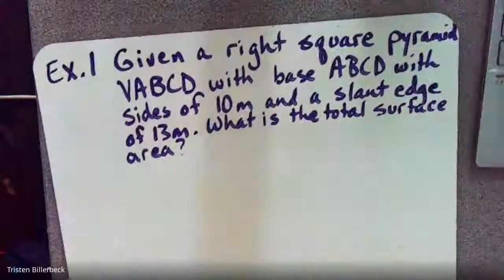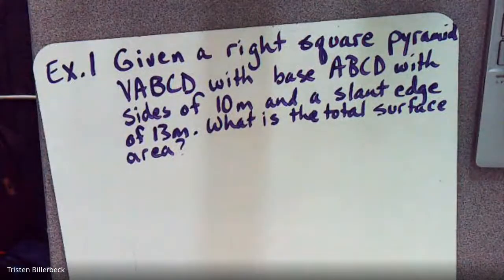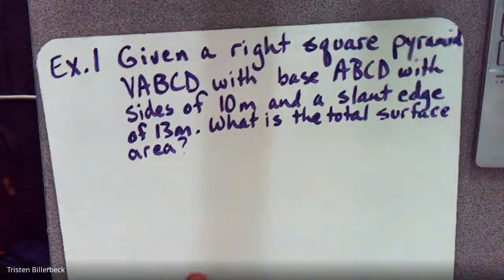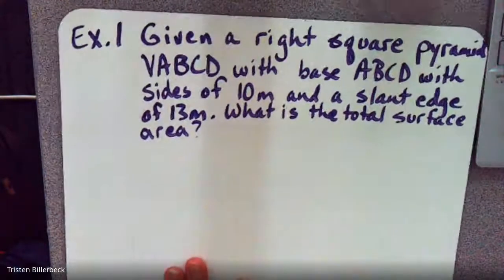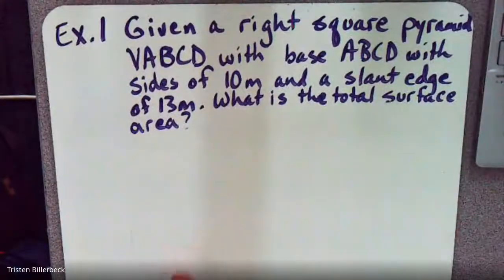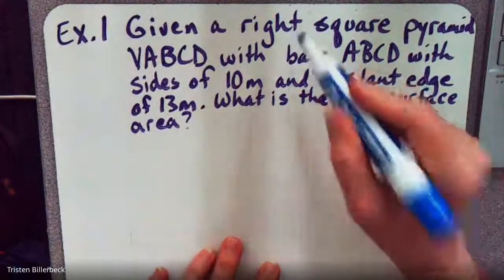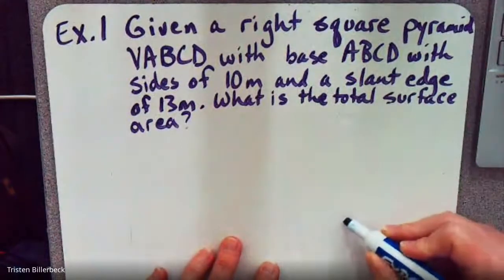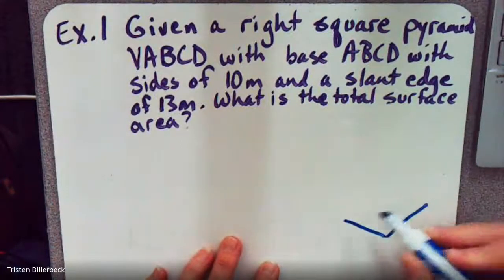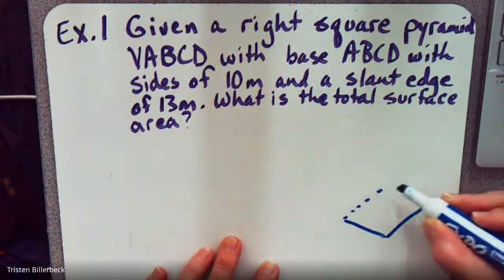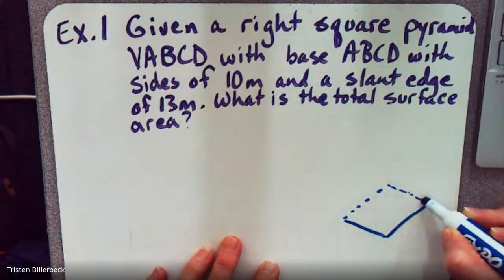All right, let's do an example of surface area here. Okay, so we're given a right square pyramid. That tells us a lot of information. It means that we have a square base, and we can represent a square base like this.